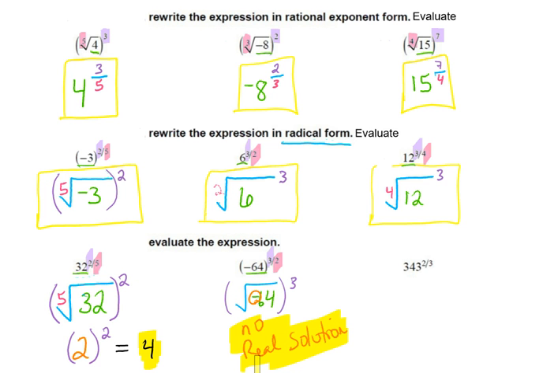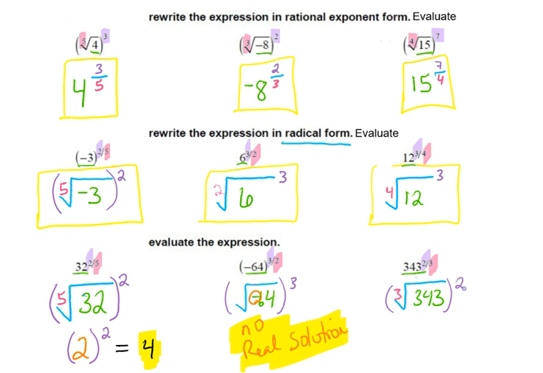So back to our 343 raised to the 2/3 power. We're going to be finding a root of the number 343. We see that our 3 is in the denominator, so we're taking the cubed root of 343, and then we're going to raise that to the 2nd power.